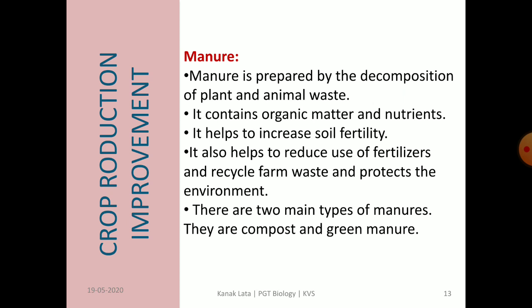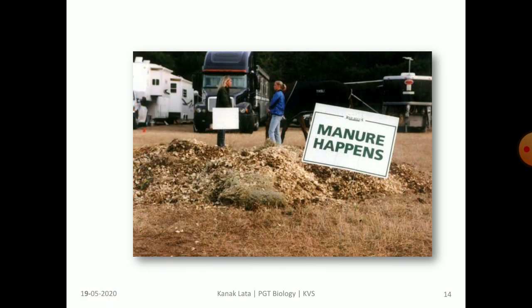Farm waste can be recycled to form manure. Thus, it also helps in protecting the environment. Manures are classified into two types, that is compost and green manure. The given figure shows the production of manure.